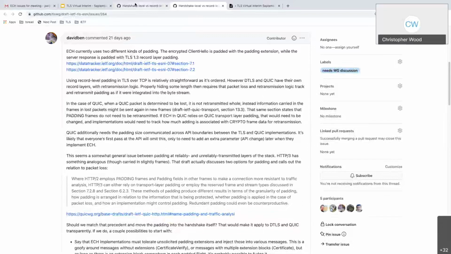So I think the proposal here is to add a new handshake message that is specifically designed to carry padding bytes, and the part of the record layer that looks at the handshake message and dispatches it to the state machine, similar to CCS, would just consume this padding message and drop it on the floor.